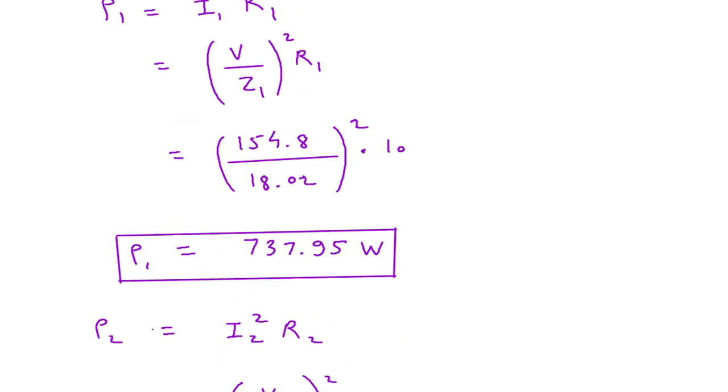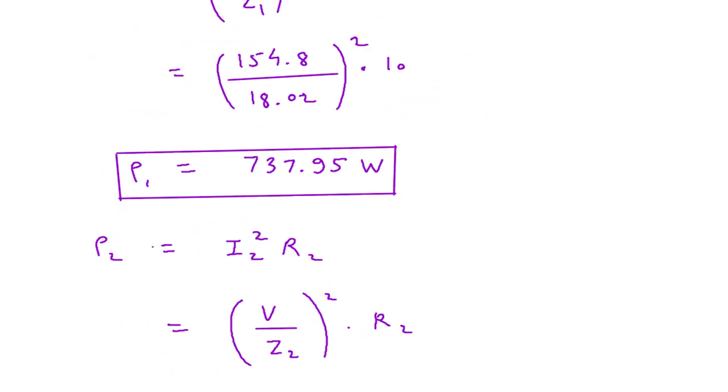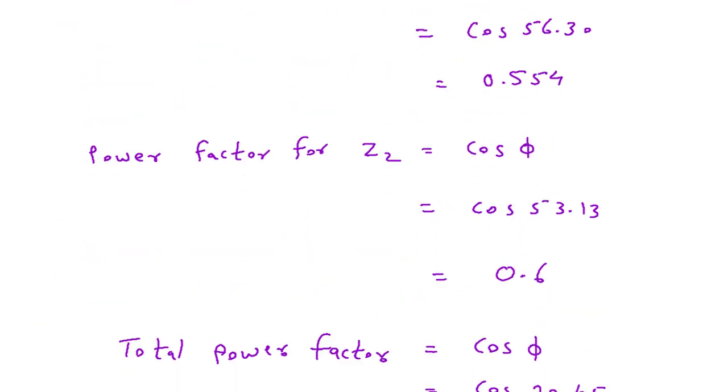This will be the reference. Current I is equal to 15 ampere. Then voltage. Now the voltage angle is minus 20.45 degree. It will be like this.